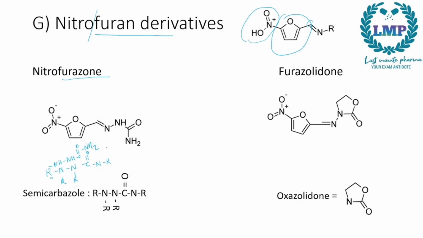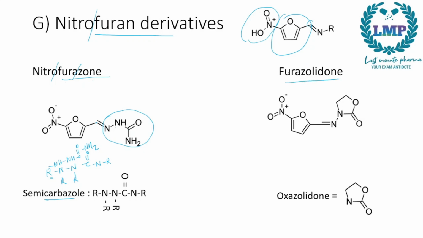This is also attached over here. So we will have NH2 C double bond O NH NH attached to this carbon. This part will be a semicarbazone. So we have nitrofurazone. Nitrofurazone would be from the word semicarbazone. Next we have furazolidone.